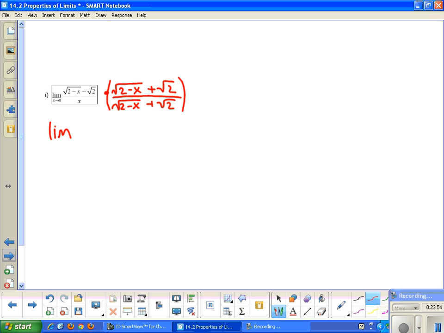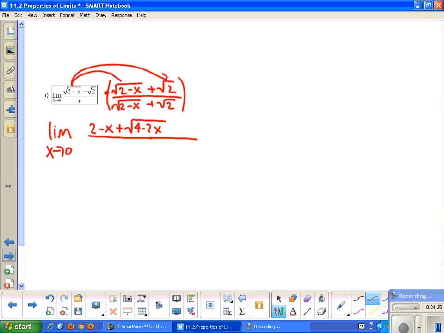So when I do that, I'm really finding the limit as x approaches 0. I'd take this times this term here, which would just give me 2 minus x, because the radical goes away when you square it. Then this times this term becomes plus the square root of 2 times 2 minus x, so that would be root of 4 minus 2x.